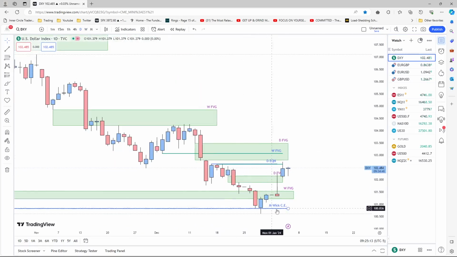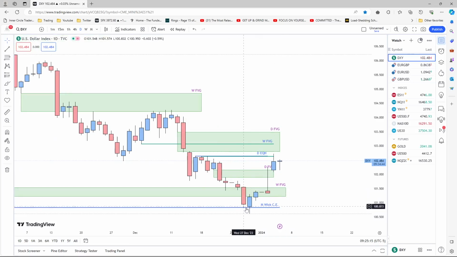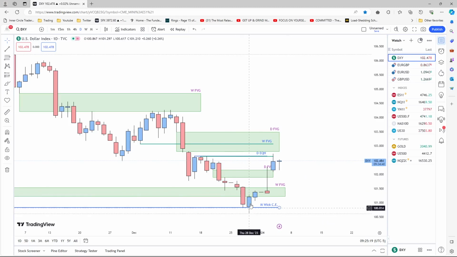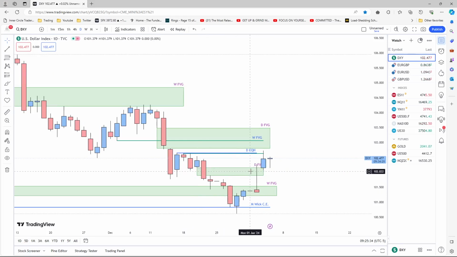So you can see we hit that weekly consequent encroachment, price rejected, and we subsequently started trading back up higher, back above the weekly fair value gap. We traded into this daily fair value gap, overlapping with an order block sitting right there, and we rejected that, going back into this fair value gap.